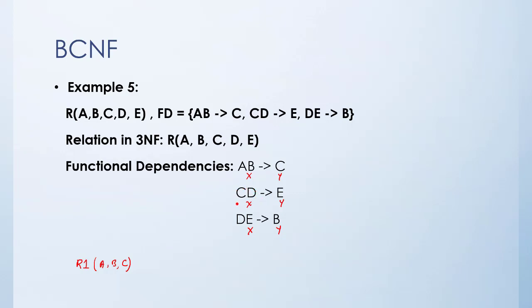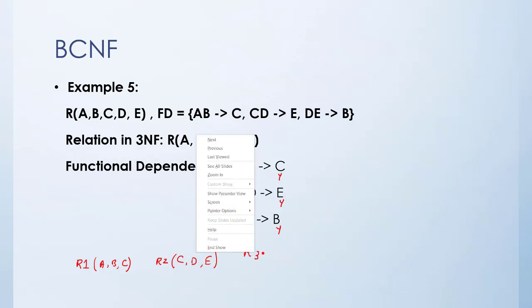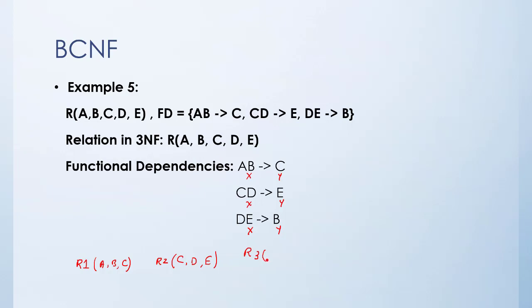CD, which is X, is not a super key. So we need to take this functional dependency and create a relation R2 based on it. So we will get C, D and E in this relation. CD will be my super key. Similarly, for the third functional dependency DE determines B, we will get another relation R3 with the attributes D, E and B.